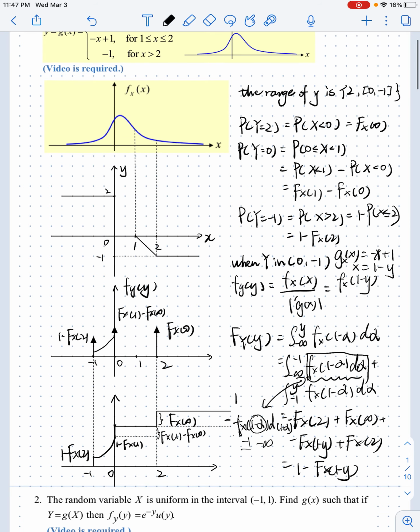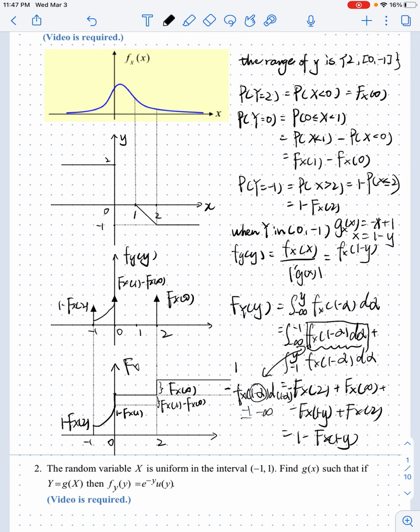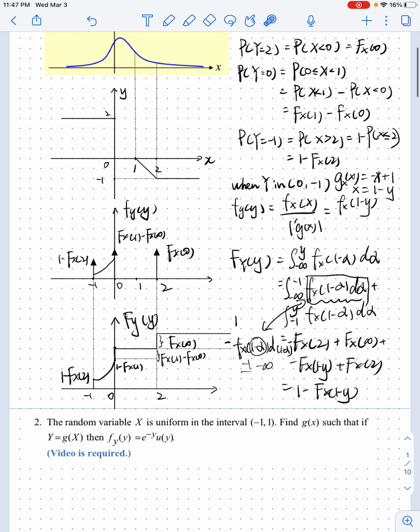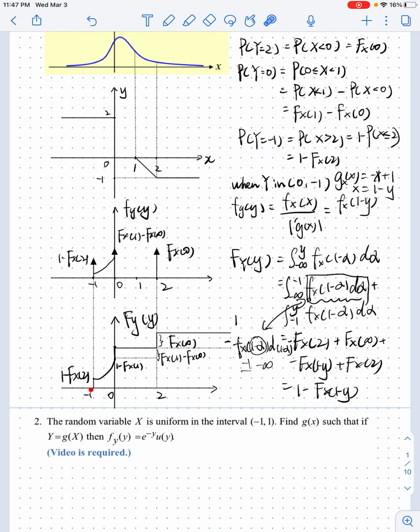So when we try to draw the figure of this function, when y is smaller than -1, the value should be 0, because there is no value there.